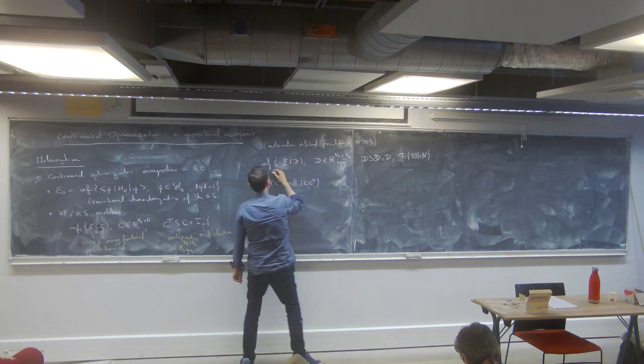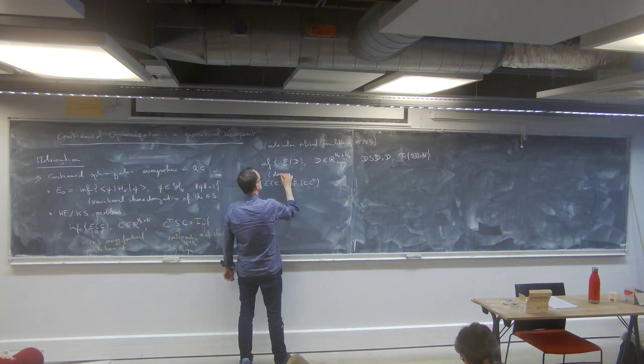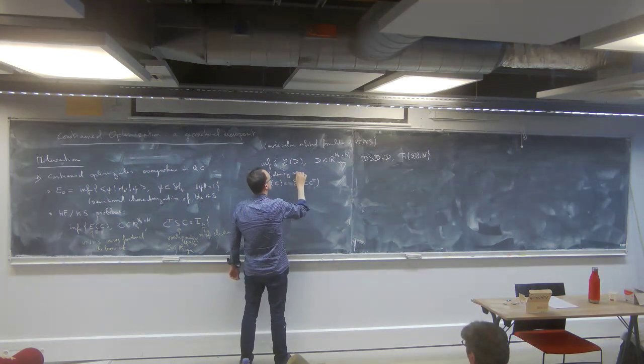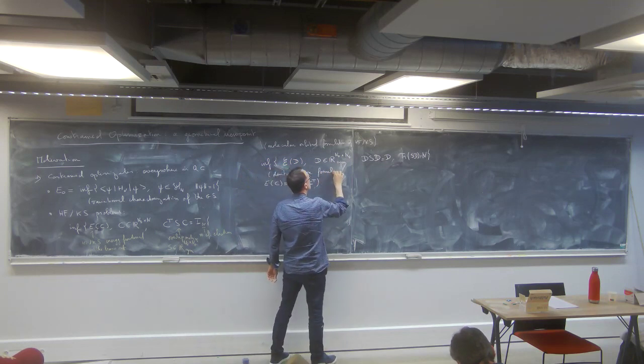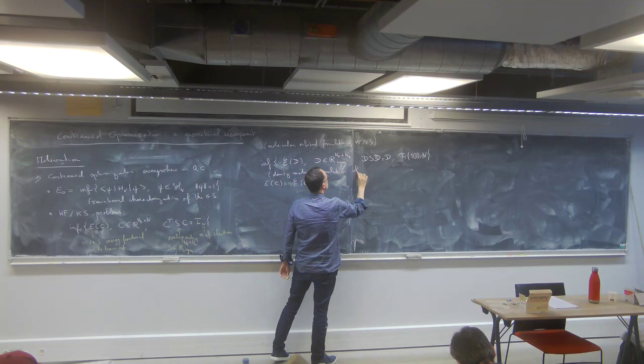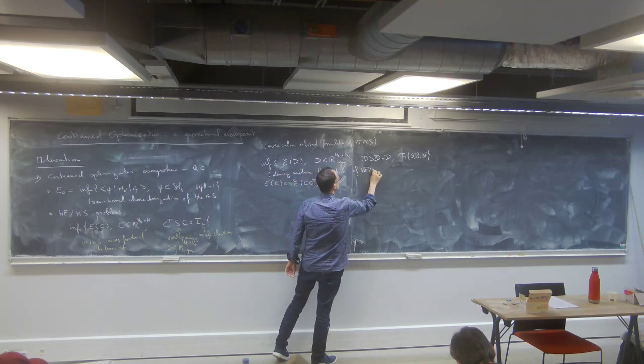This formulation is called the density matrix formulation of Hartree-Fock or Kohn-Sham.